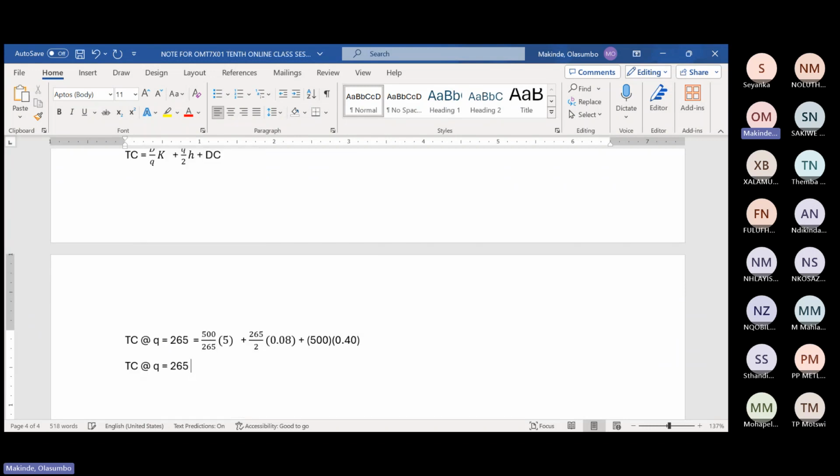TC at Q equal to that. What is the answer? $220.03, right?